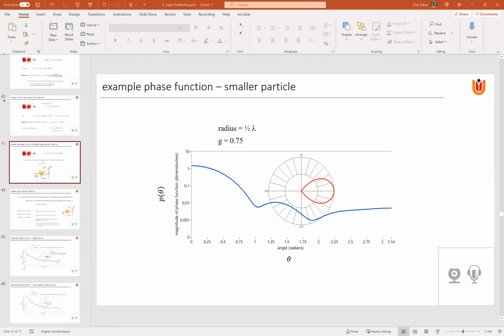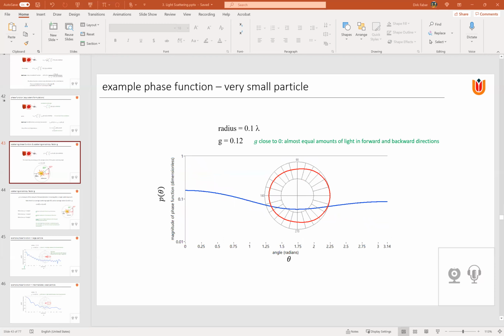And the smallest particle would be a radius of only 1/10 of a wavelength. So almost equal amounts of light are scattered into the forward hemisphere and into the backward hemisphere, with a G of 0.12, and a graph that shows no real modulations anymore.